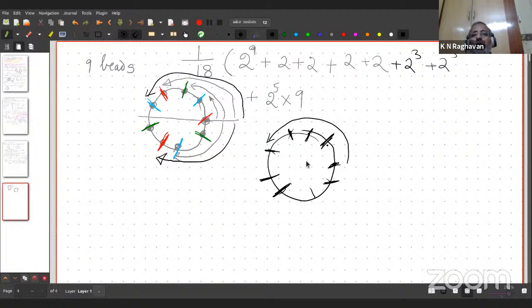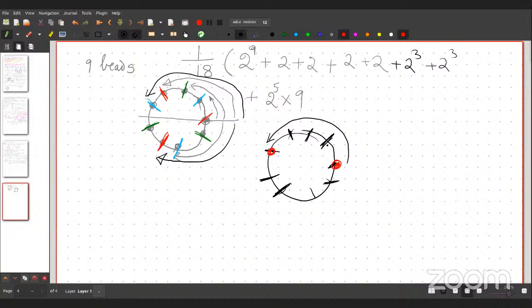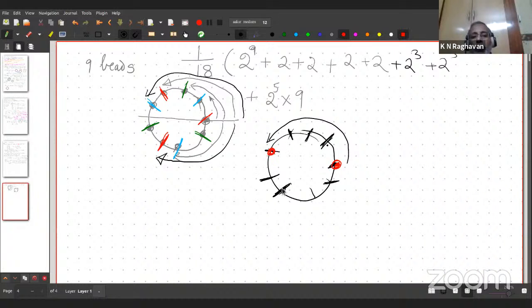Okay, let's do this again. Whatever is here is here. That is 1, 2, 3, 4. Right. And this is 1, 2, 3, 4. And from here, 1, 2, 3, 4. And from here, 1, 2, 3, 4.